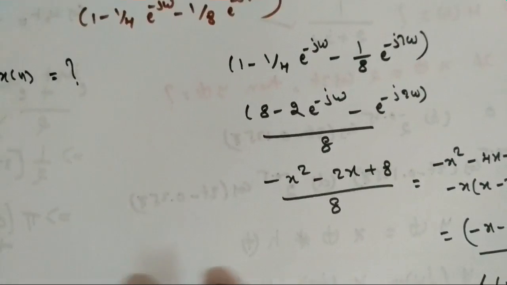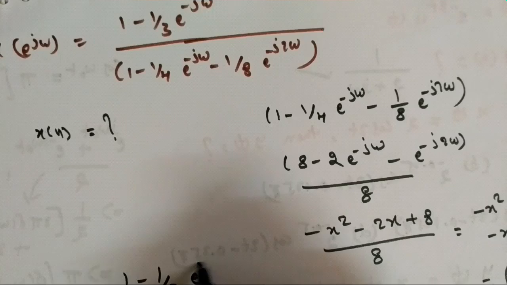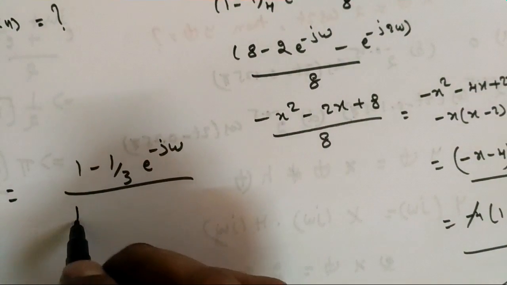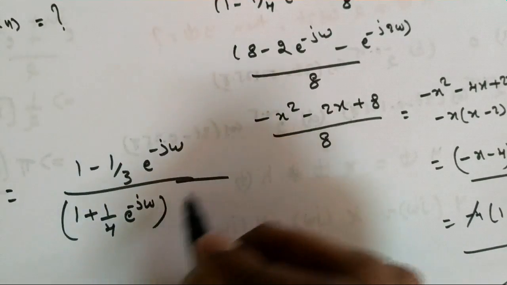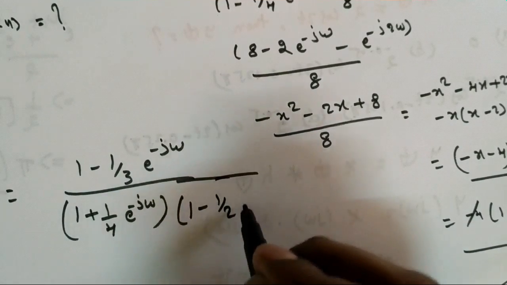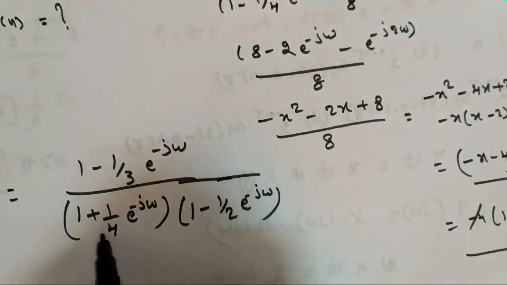So this denominator expression simply becomes 1 plus 1 by 4 e power minus j omega, into 1 minus 1 by 2 e power minus j omega.